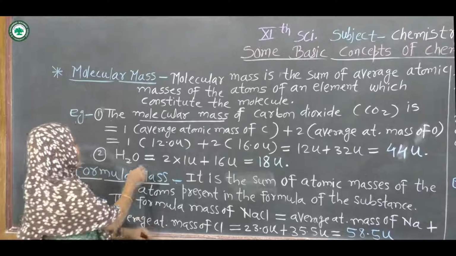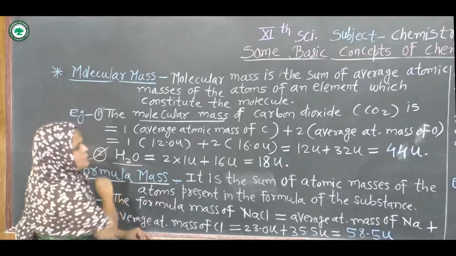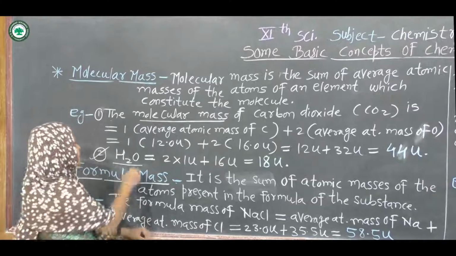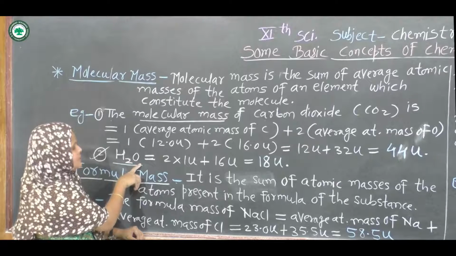Next, the second example: what is the molecular mass of H2O? In H2O there are 2 hydrogen atoms and 1 oxygen atom.